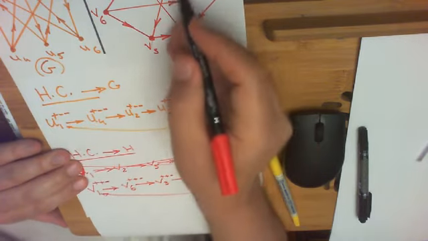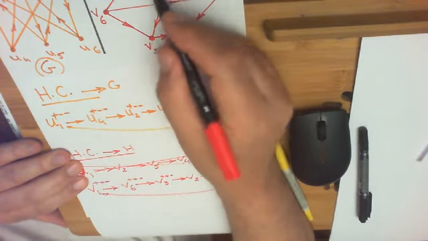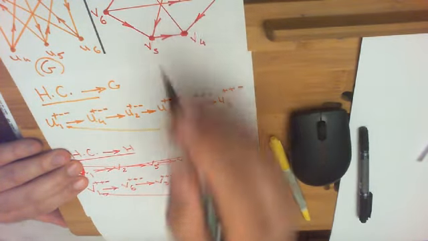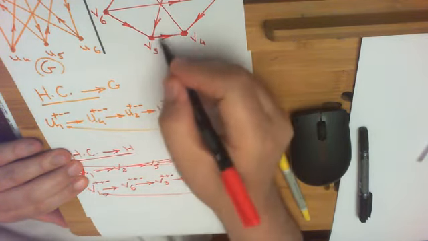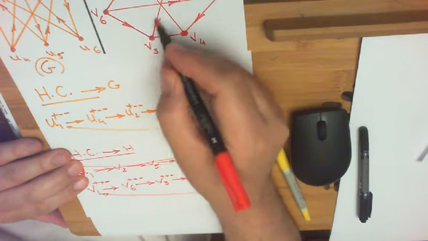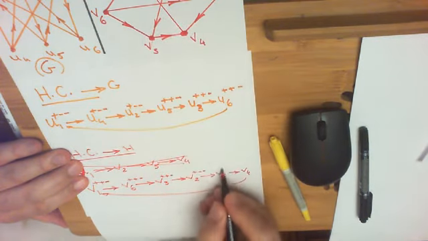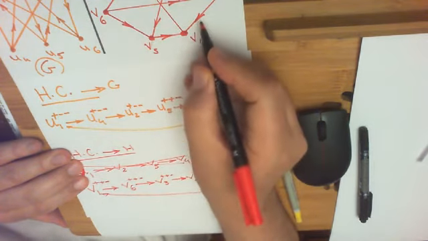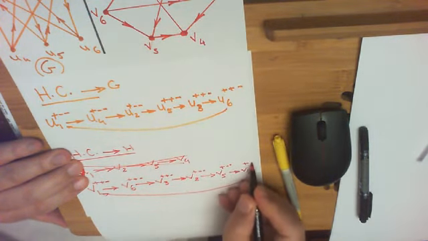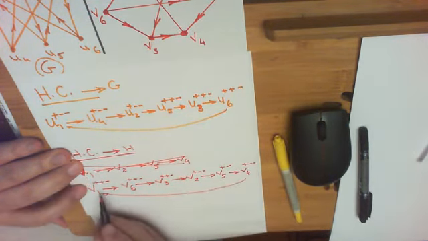V2, 2 in, 1 out. V5, 2 in, 1 out. V4, 2 in, 1 out. Let's check again.